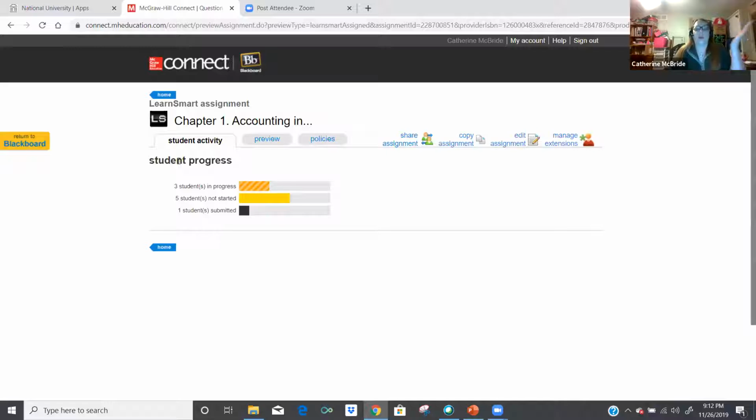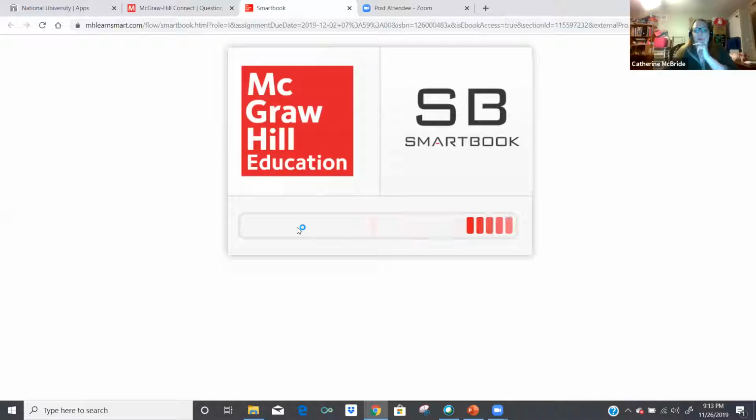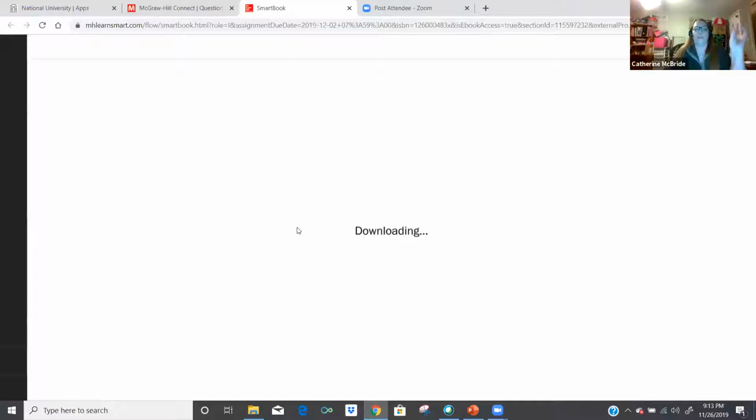Where LearnSmart is really amazing is that it zeroes in on the pieces that you are struggling with. It connects to the textbook, but it has audio content and asks you many questions as you go along.